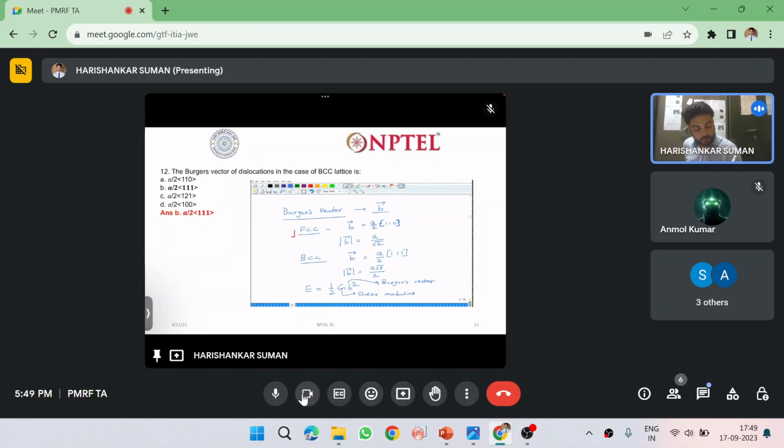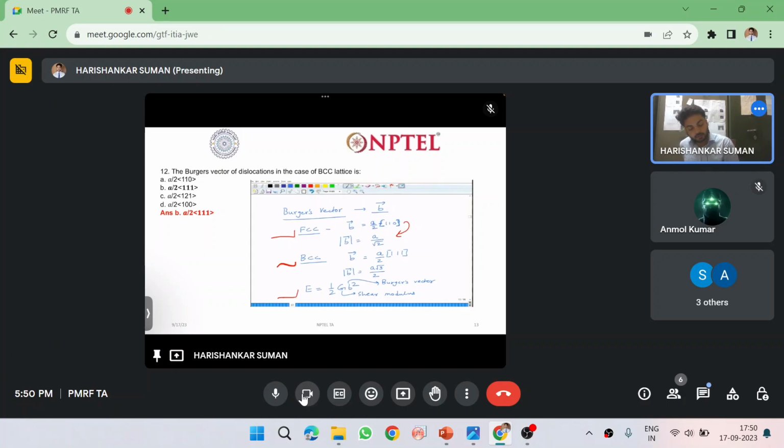For FCC, the 110 direction with half of the lattice parameter equals the Burgers vector. We can calculate the magnitude of the Burgers vector in FCC, and we can calculate the energy related to the shear modulus and Burgers vector.